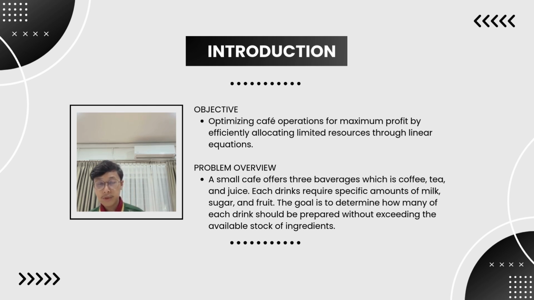The problem overview is that imagine there is a small cafe that offers 3 beverages, which are coffee, tea and juice. Each drink requires specific amounts of milk, sugar and fruit. The goal is to determine how many of each drink should be prepared without exceeding the available stocks of ingredients.